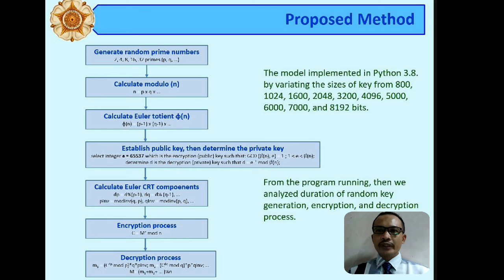The model is implemented in the Python 3 programming language by varying the size of the key from 800, 1045, until 8192 bits. From the running program, we analyze the duration of random key generation, encryption, and decryption as the performance of our improved model.